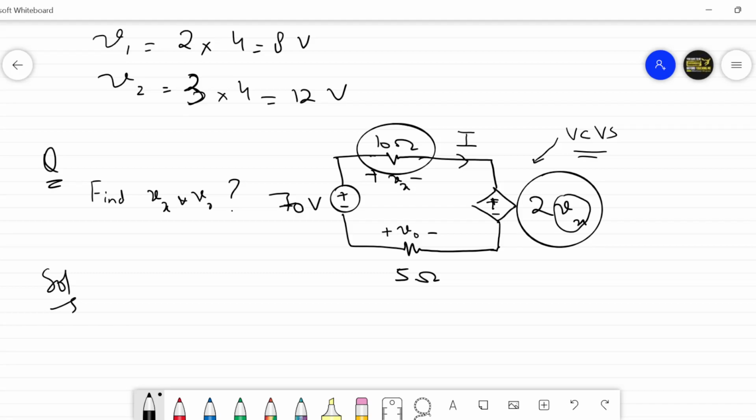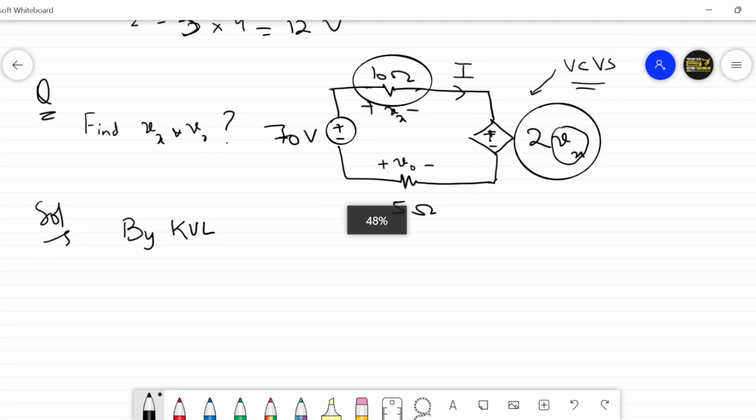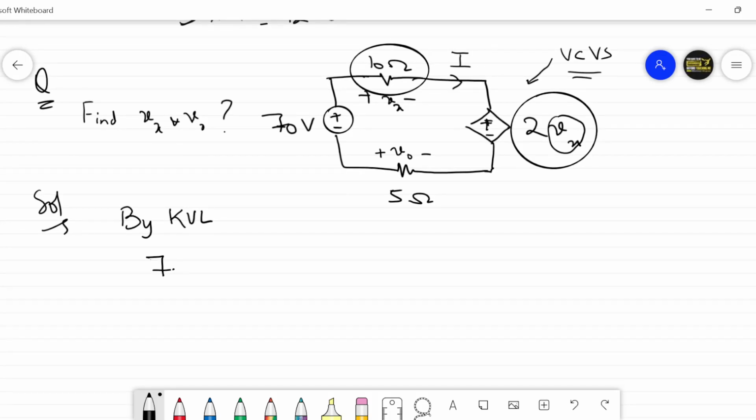If a current I is flowing through the circuit, by KVL, starting from here, 70 volts minus the voltage across the 10 ohm resistor, that is Vx, minus 2Vx. 70 minus Vx minus 2Vx plus V naught is equal to 0.